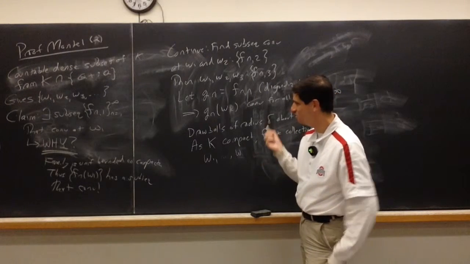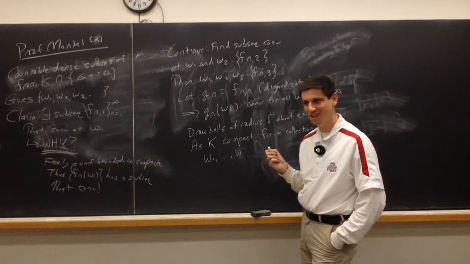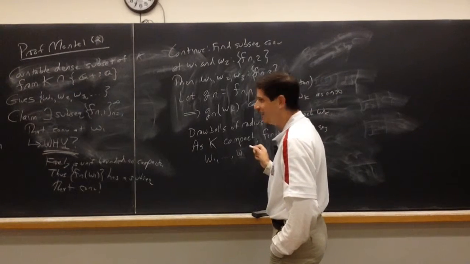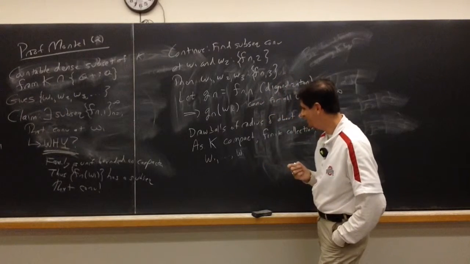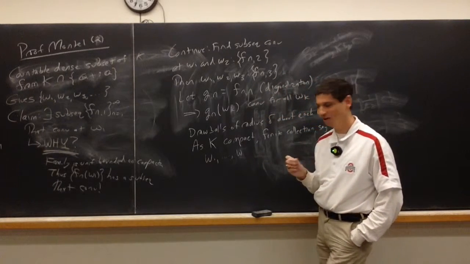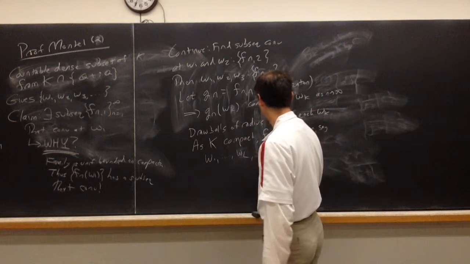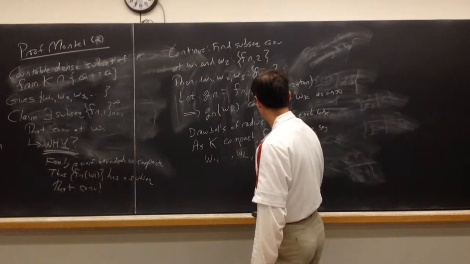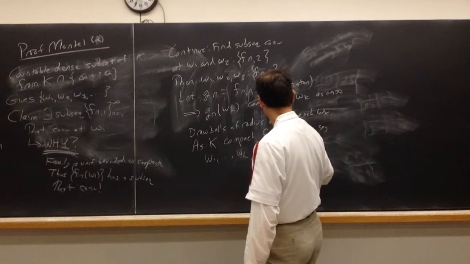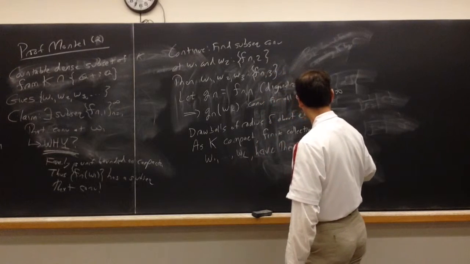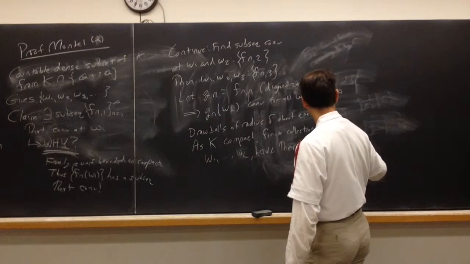I don't want to use n for number because we've already got an n in play. What about an L? I should really use an L for the length. Say W1 through WL have their balls covering K.